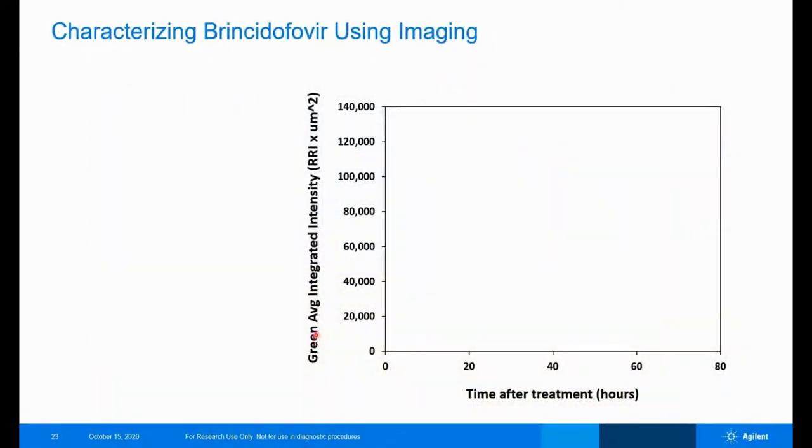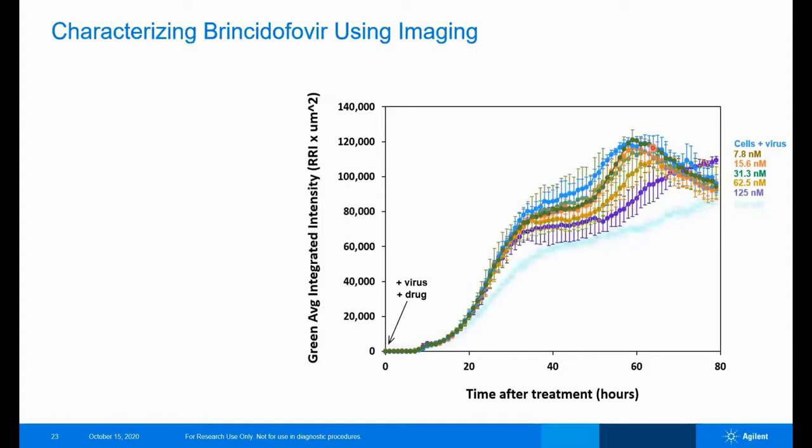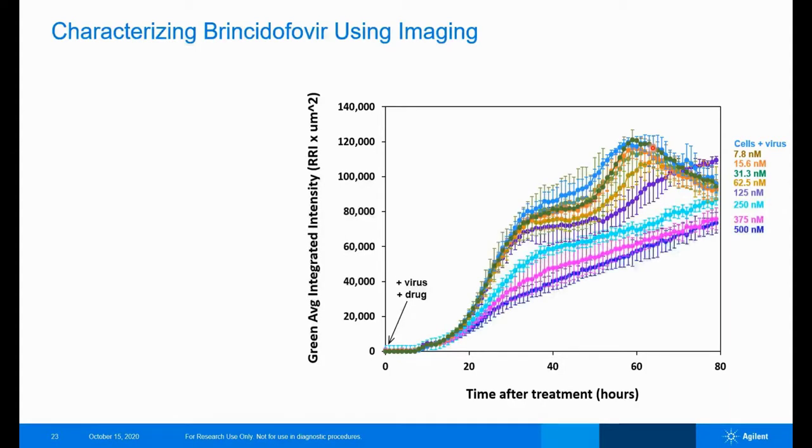So I'm plotting that green signal here as a function of time. When cells are treated with virus alone, you see a steady increase in the GFP signal. Around 60 hours, the signal starts dropping, and the reason for that is that the cells are lysing. As we add in drug, we see a reduction in this GFP signal, as you would expect.